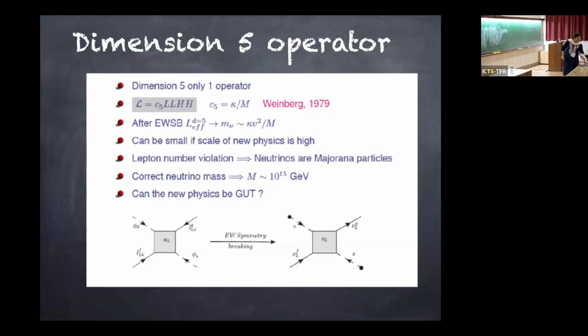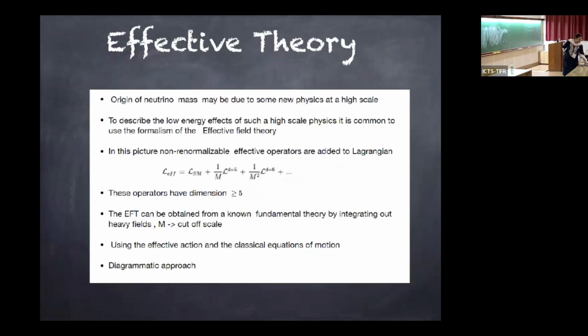Now the question is, this is a non-renormalizable operator. So this is like an effective theory: I write the standard model Lagrangian, then I write non-renormalizable effective operators like the D equal to 5, which is the lowest dimensional, and then I can have higher dimensional operators.